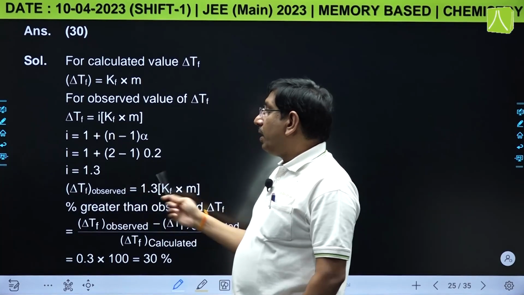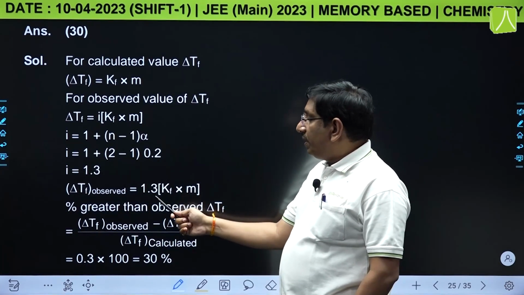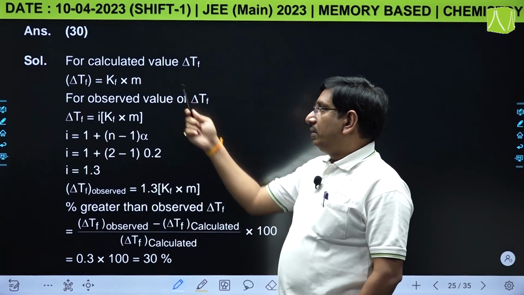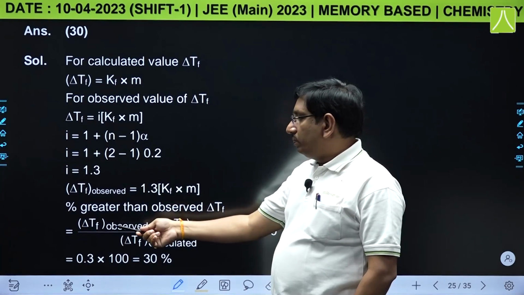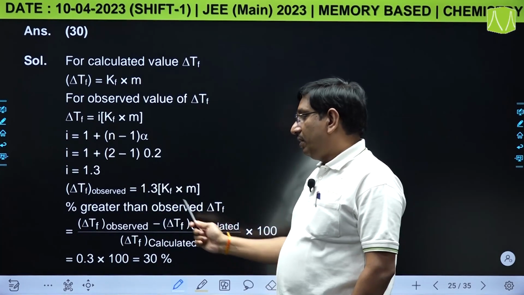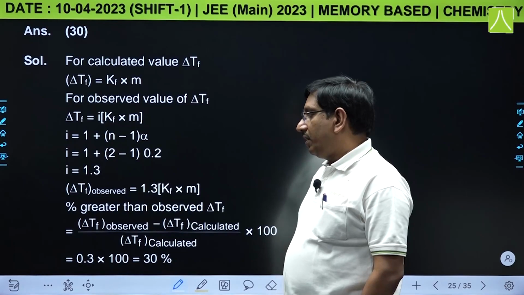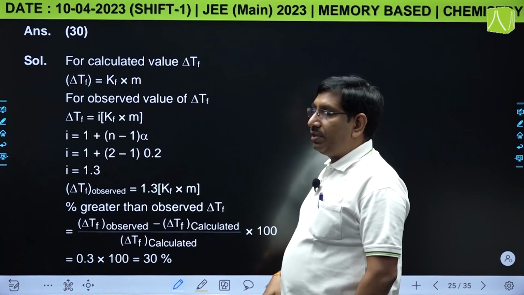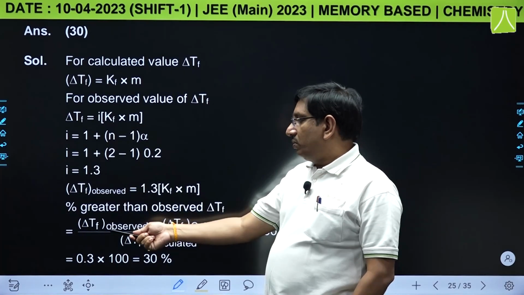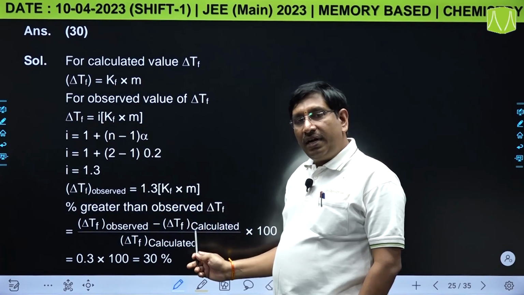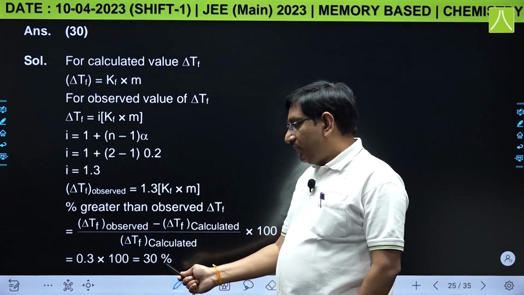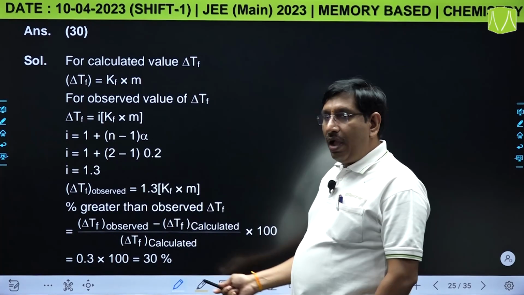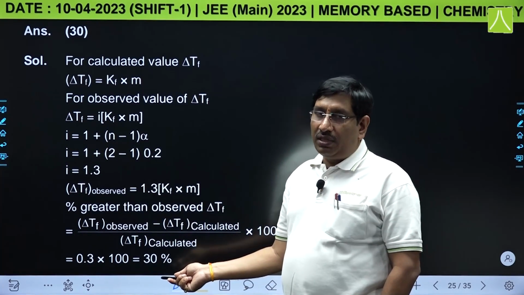So, delta Tf observed will be 1.3 times the calculated one. Now, the percentage by which the observed delta Tf is greater is equal to delta Tf observed minus delta Tf calculated by delta Tf calculated into 100, and if you calculate, it will be 30%.